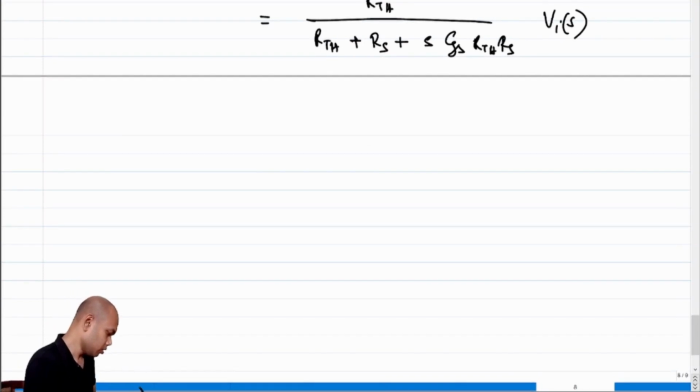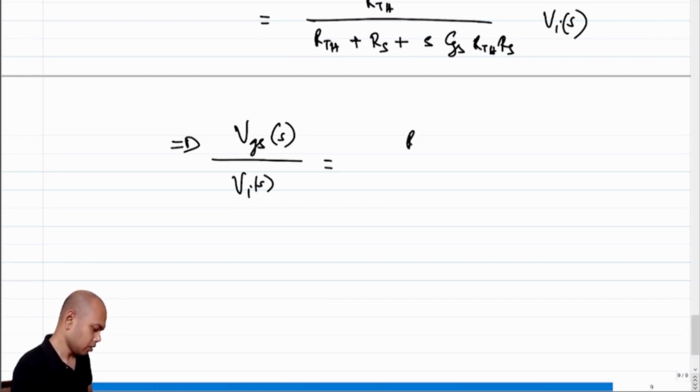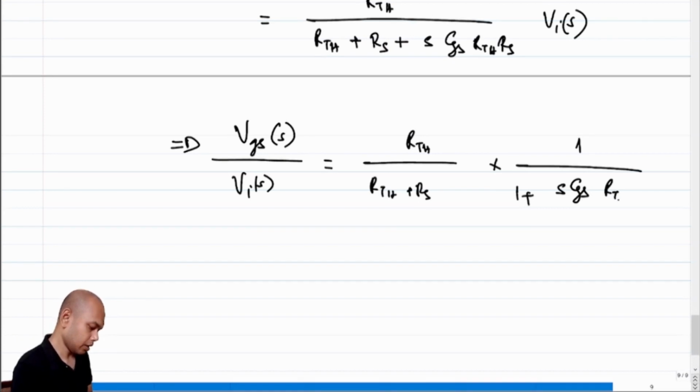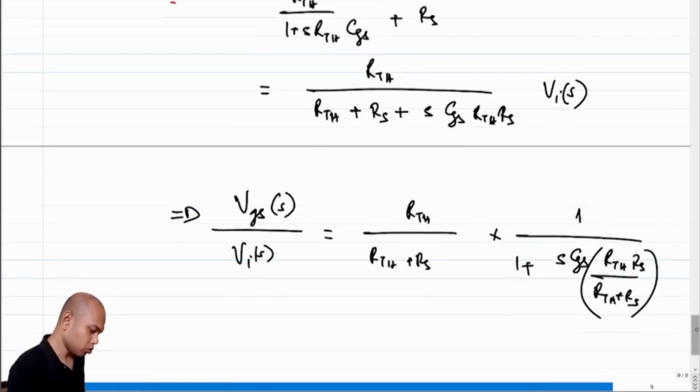So VGS of s by Vi of s becomes RTH by RTH plus RS times 1 by 1 plus s CGS times RTH RS by RTH plus RS. Why did I choose to write it in this form?